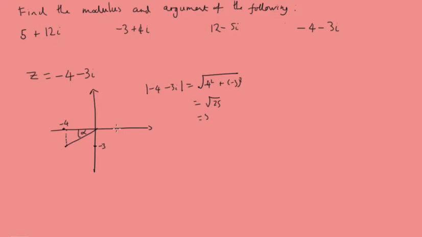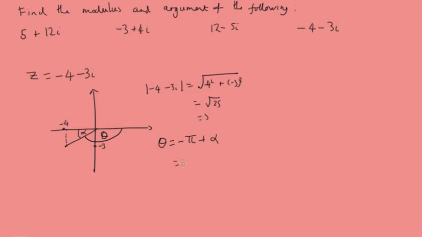And now theta is the angle that the position vector makes with the positive real axis. So it's this value here. This is our theta. So theta this time is going to be minus pi plus alpha.